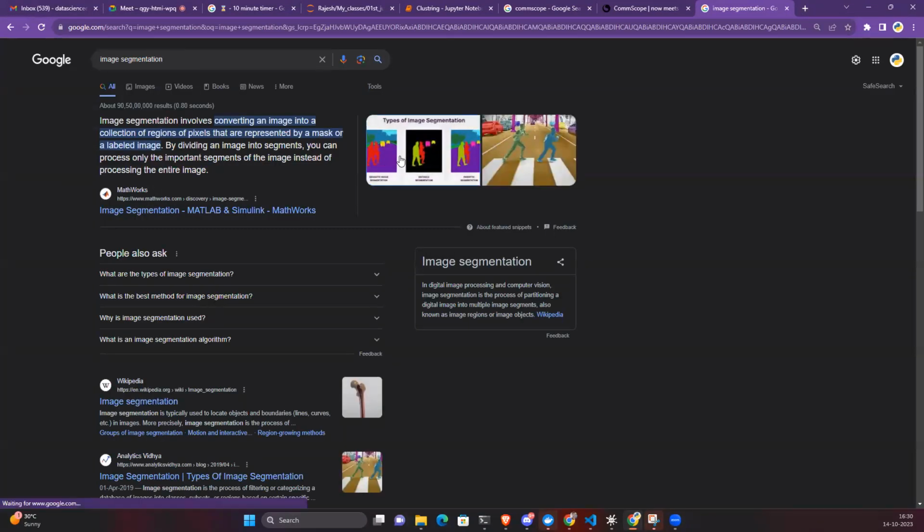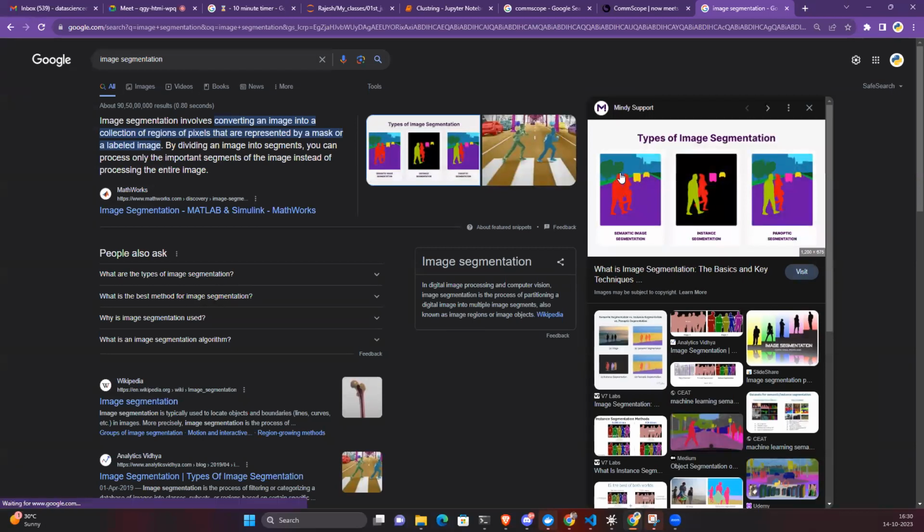Can you see this image? This is called image segmentation. Object detection is one thing, and I'll talk about this part later on, but just try to understand segmentation. See, this is a human being. Both the boy and girl are human, right? If it is a human, then we segment it in red color.